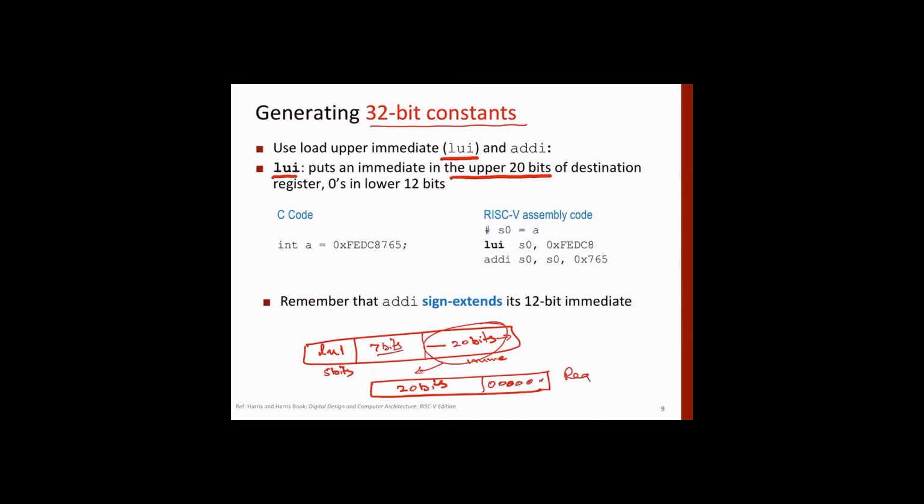This is what the LUI instruction will do. Now what we want is that we need to have some value here. Then we can do addi. If we do addi, for example, to this register with an immediate field of 765, then we can generate the total integer that's given here.